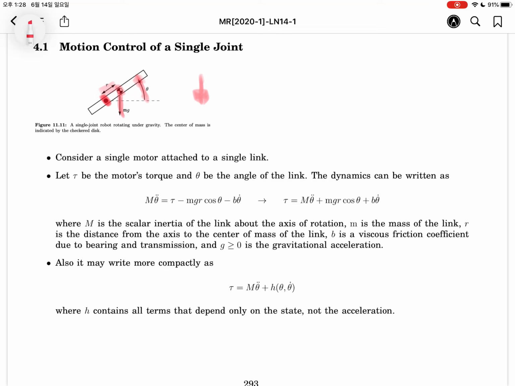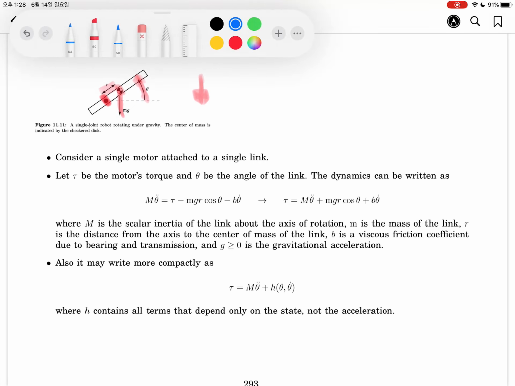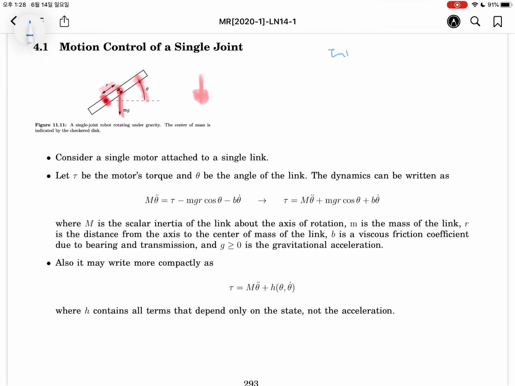Okay, here, let's write down the equation of motion. Newton's second law says that the inertial torque will be equal to the sum of external torques. Is it right? Okay, let me write it down.